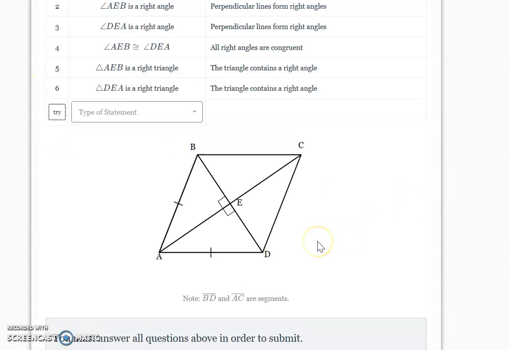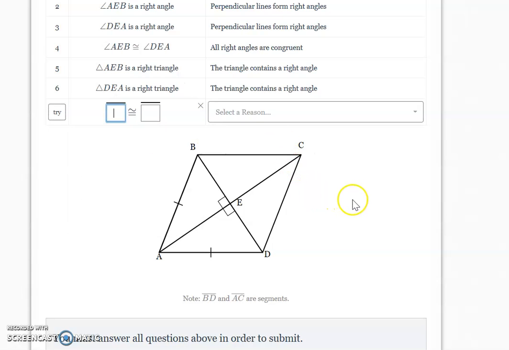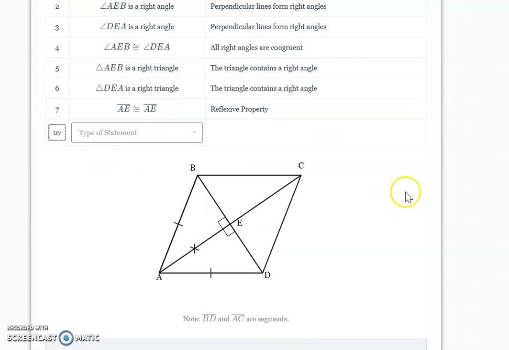Okay, so now we know that these two are right triangles. So whenever we have right triangles, we can do hypotenuse, leg. We have the hypotenuse of each one. We need a leg, and AE is a common side for both. So I want segment. So AE matches up with AE, and that's always reflexive, so we can mark that.